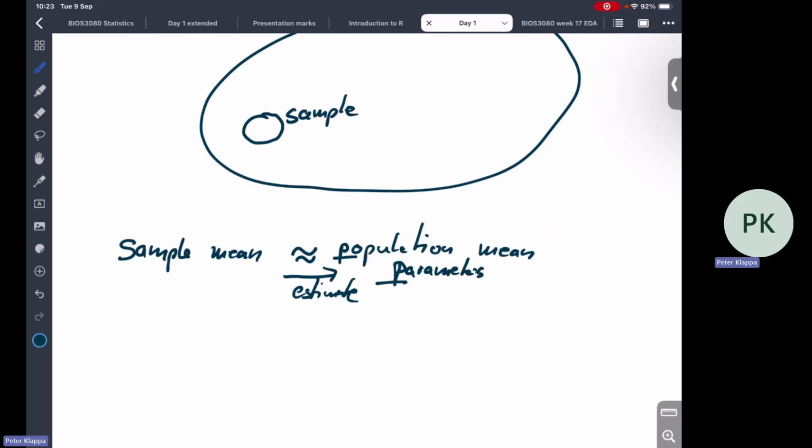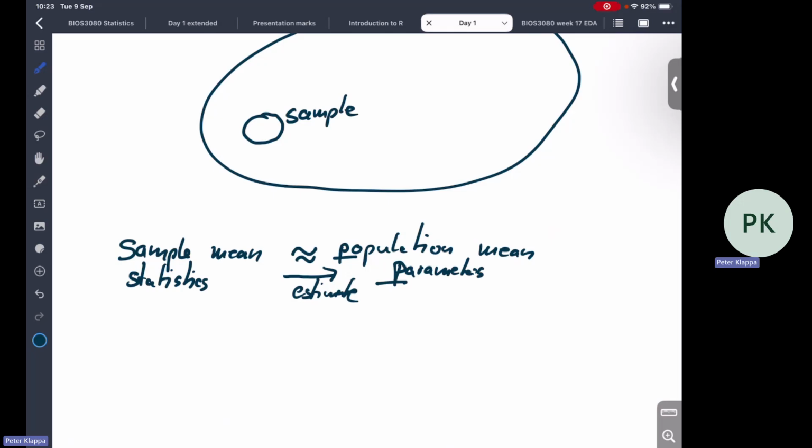On the other hand, a sample has statistics. So if I tell you, find the statistics of the data, you know we are talking about a sample. When I tell you, find the parameters of the data, you know we are talking about a population.